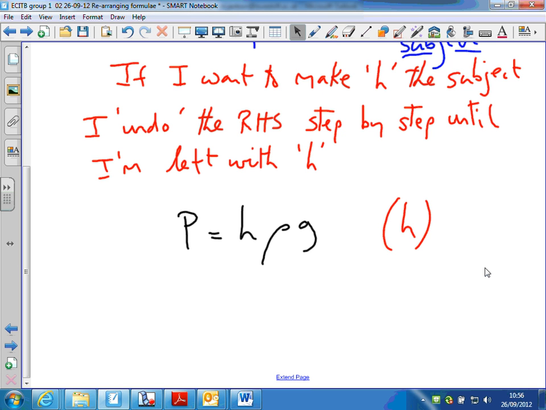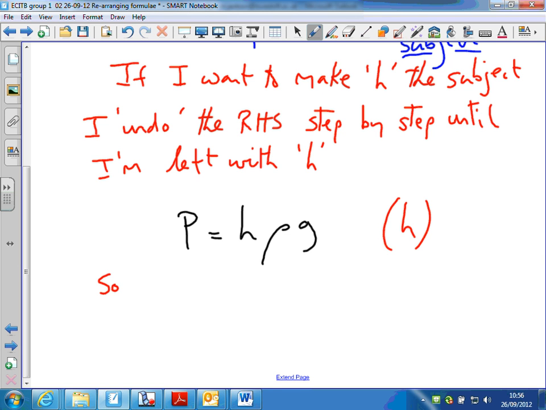H has been multiplied by rho and multiplied by G. It doesn't matter whether I multiply by rho first or G first, but I'm multiplying by those two. So I can think of it as I've multiplied it by this term, rho G. So if I've multiplied by rho G, how do I undo multiply? Divide. So I divide by rho G. Divide both sides by rho G.